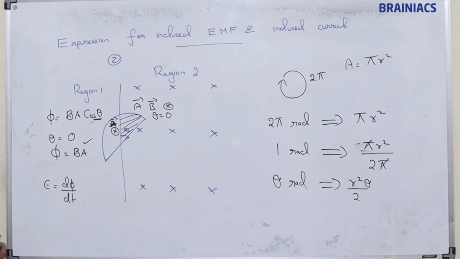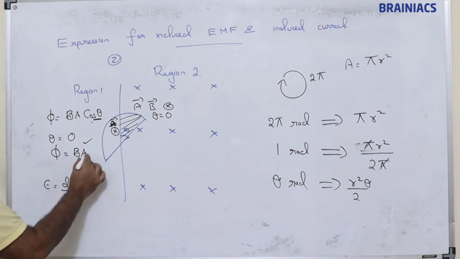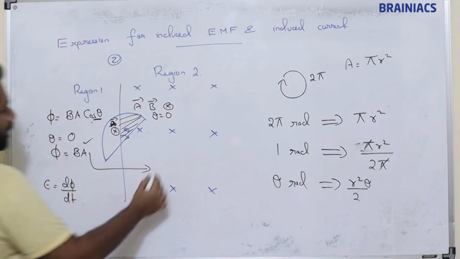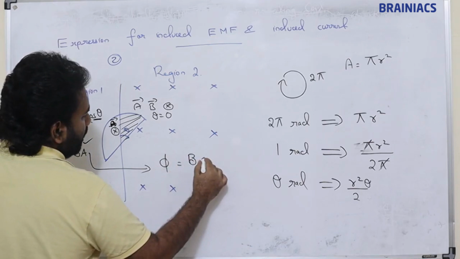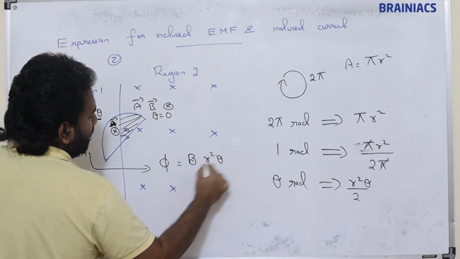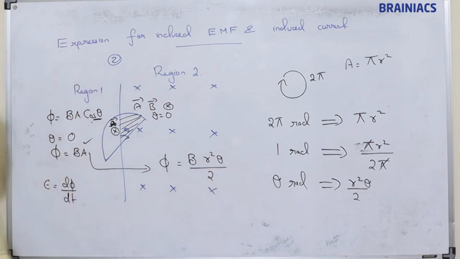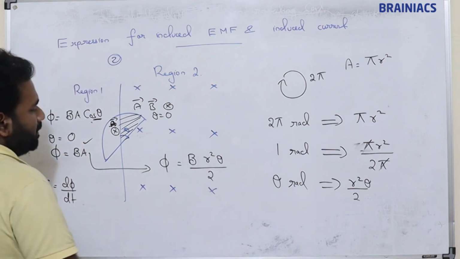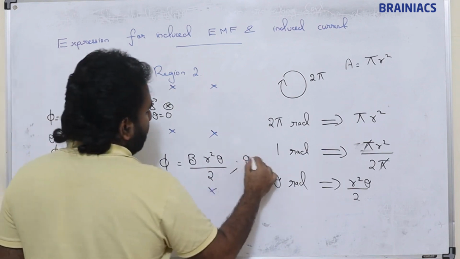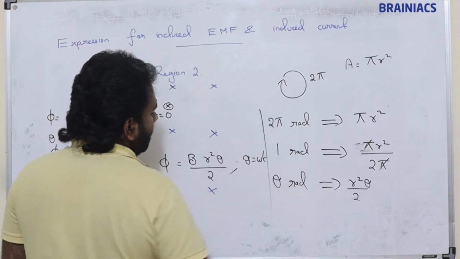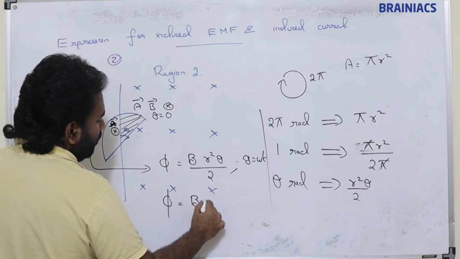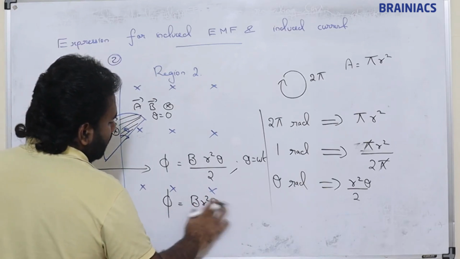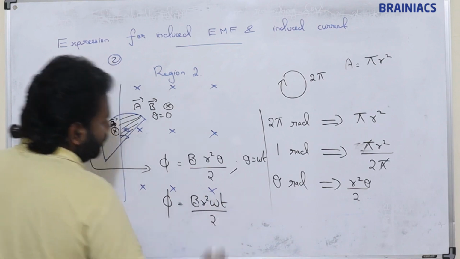So I could write phi is equal to B into r square theta divided by 2. If for theta I write omega t, then phi is equal to B r square omega t divided by 2.